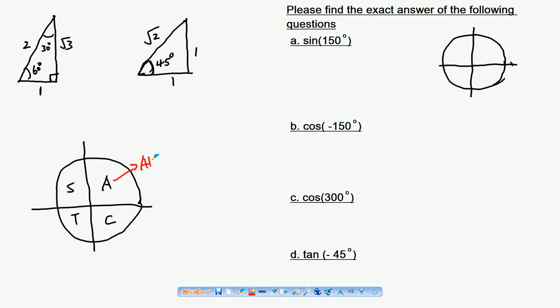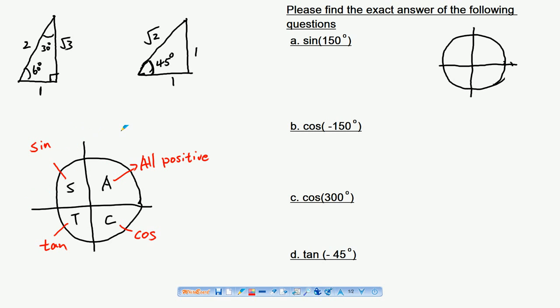A means all, S means sine, T means tangent, and C means cos. So CAST. A means all positive, which is in the first quadrant. The second quadrant is sine positive. Only sine in the second quadrant is positive.